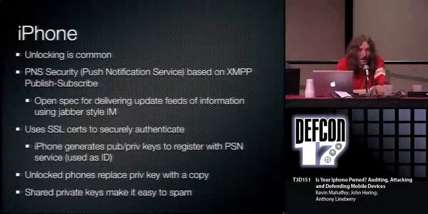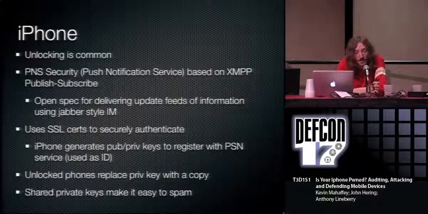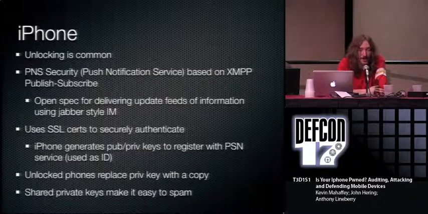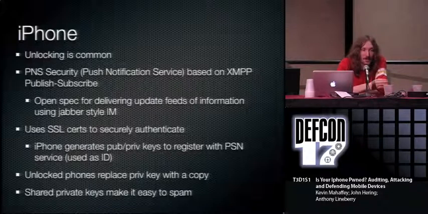It generates a public-private key. But the problem is that with these unlocked phones, when you activate them, it's not generating a key for you to use the push notifications. And so the way they solved that was basically copying the private key that was generated onto all these unlocked phones.